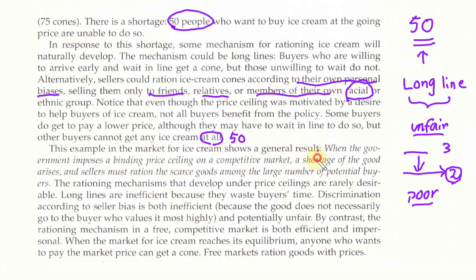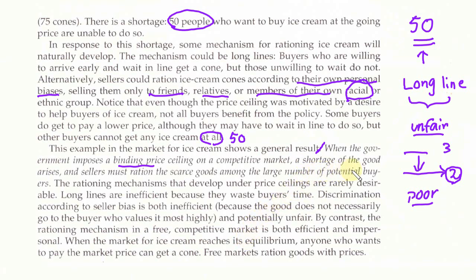This example in the market for ice cream shows a general result. What result? When government imposes a binding price, the binding price is the fixed price, the selling price, on the competitive market. The market is competitive, this is quite natural. In a competitive market, equilibrium is established, but a price ceiling is a compulsory price imposed by government.